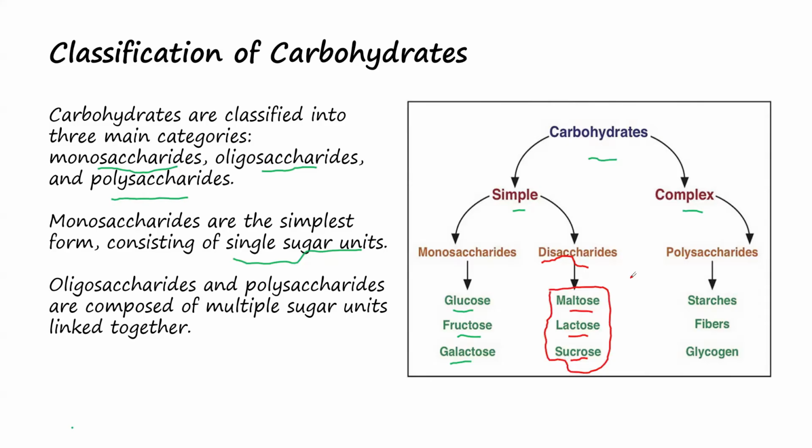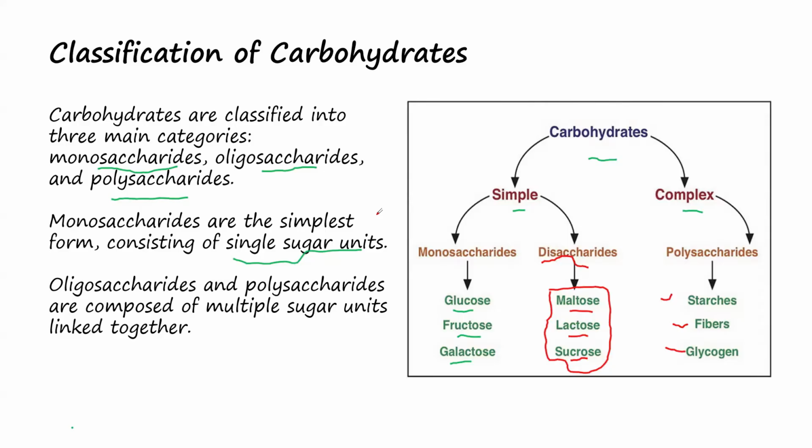And then we have polysaccharides. Polysaccharides contain many simple sugar units, many single sugar units. For example, you can have even 10,000, 20,000, or 100,000 simple sugars joined together. Examples are starch, fibers, and glycogen. These are the examples of polysaccharides.